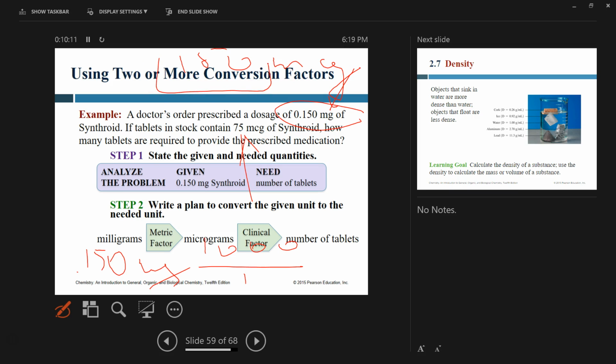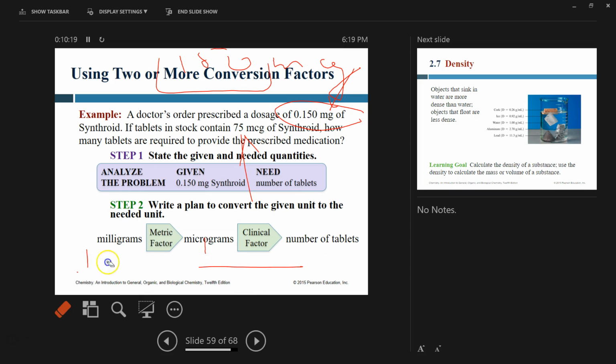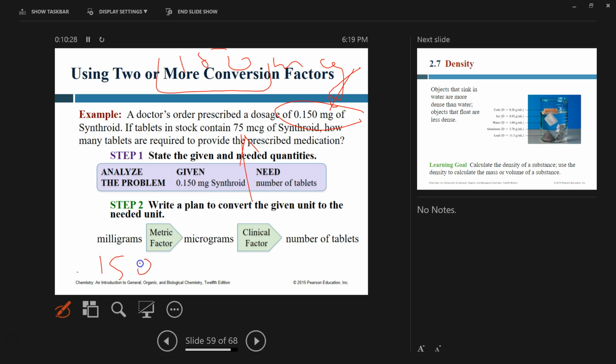How many micrograms does 1 pill contain? 75. So we'll erase this whole thing, and we will write that you have 150. I'm going to skip micrograms just for the sake of writing.